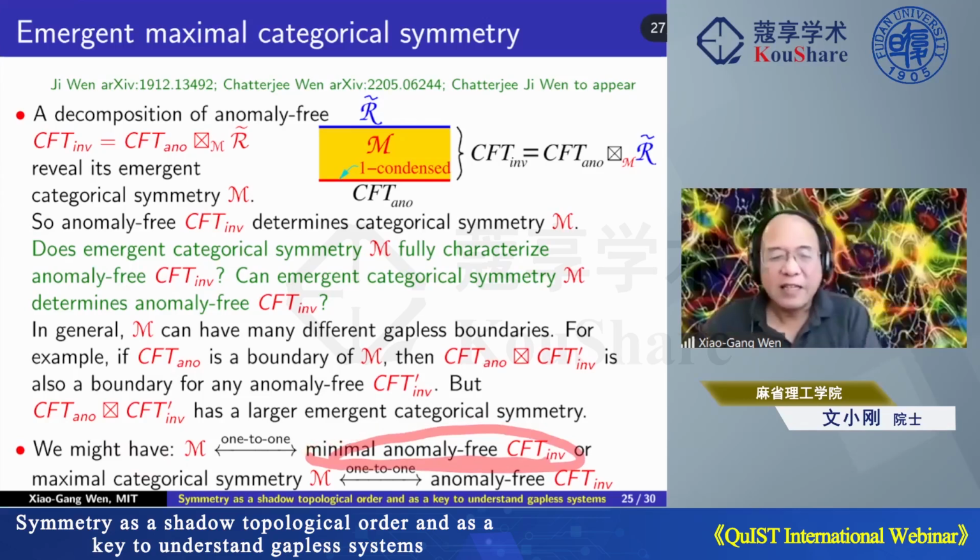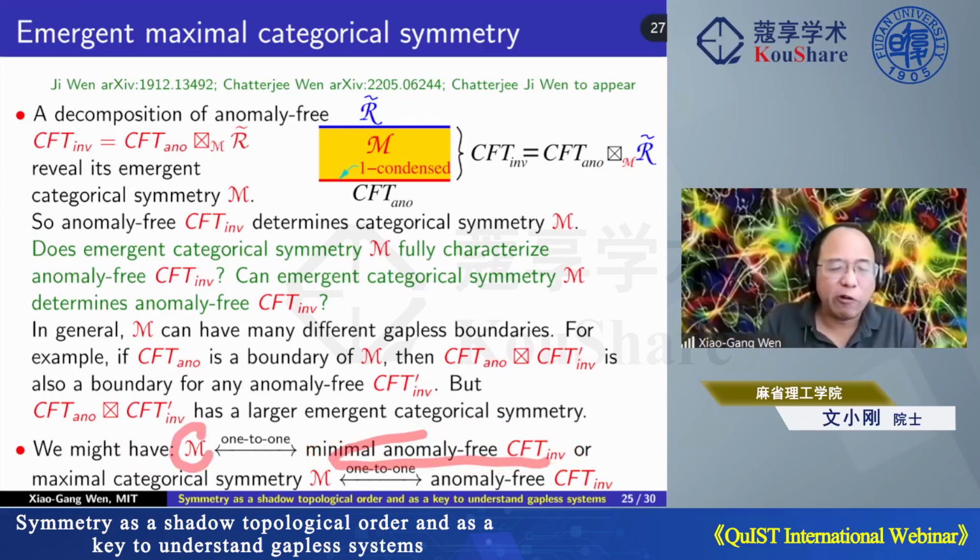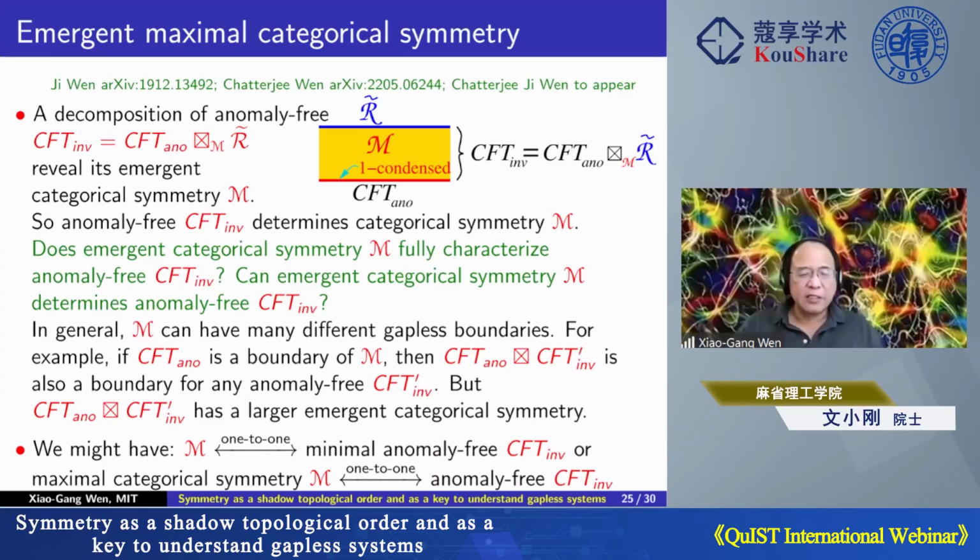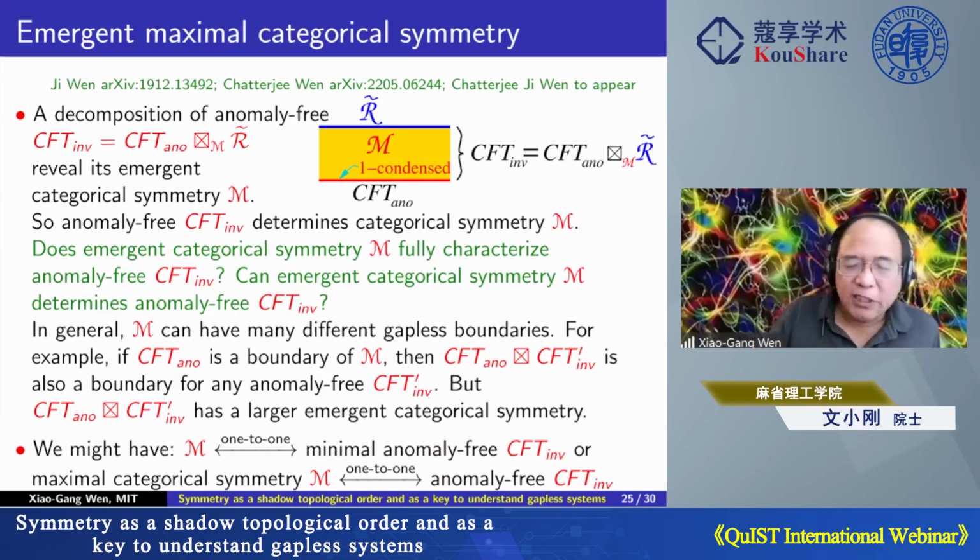So for a given categorical symmetry, maybe we can determine a minimal CFT. Or given a CFT, maybe it can be determined from its maximum categorical symmetry. So this gives us some motivation to try to define what the maximum categorical symmetry is.